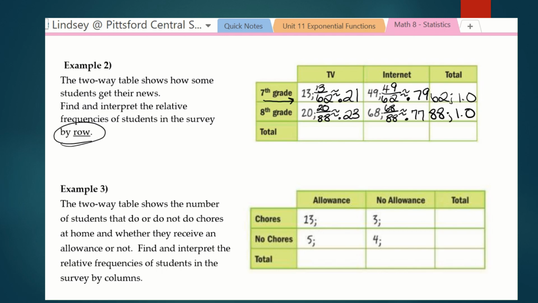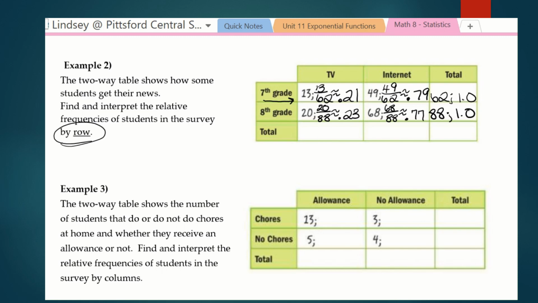Looking at totals, so now we can still use our columns to help us here with our relative frequency. So what we're going to do is find the relative frequency of 7th and 8th graders who get their news from the TV compared to all of the students that were surveyed.